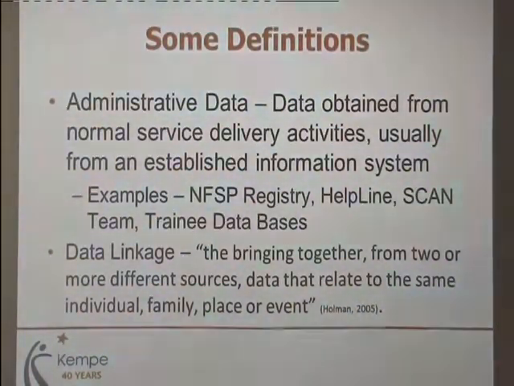So we're not talking about creating a rate from an aggregate count, say, of the numbers of children who might be maltreated divided by the number of children in the population. We're talking about actually linking individuals who are maltreated to individuals just in general in the population. And I'll give you an example in a few minutes of exactly that type of linkage.